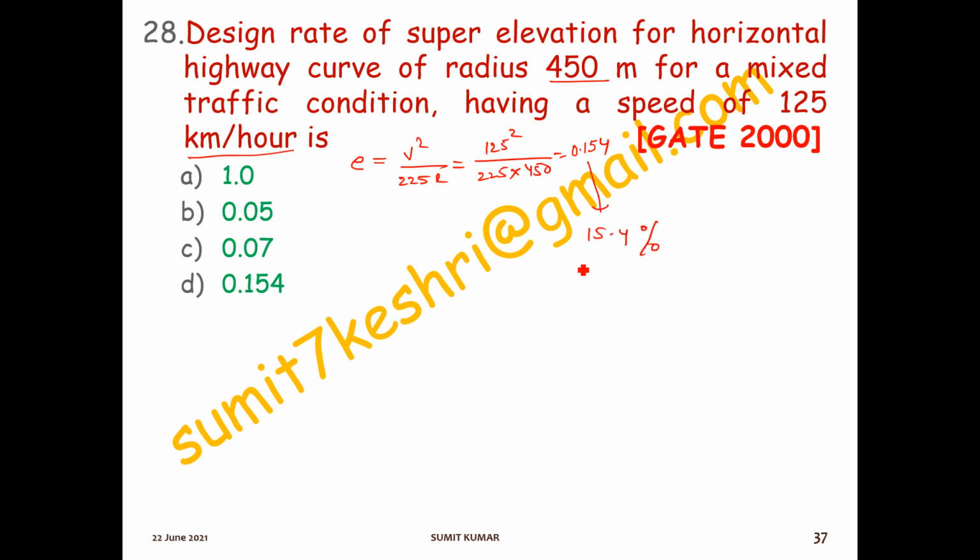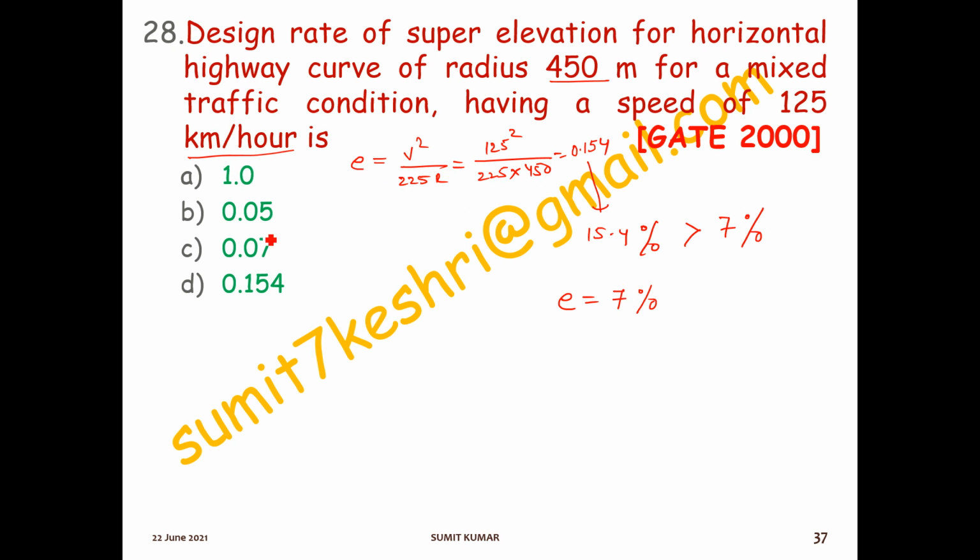But as per IRC, what is the condition? E cannot go beyond 7%. Here E is greater than 7%, so E cannot go beyond 7%. So always take the maximum value, 7% only. If the value of E computed from this formula is 15.4%, which is greater than 7%, IRC recommends to take the maximum value of E as 7% only.